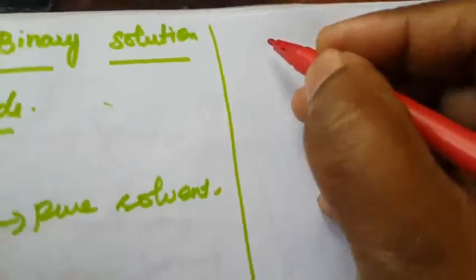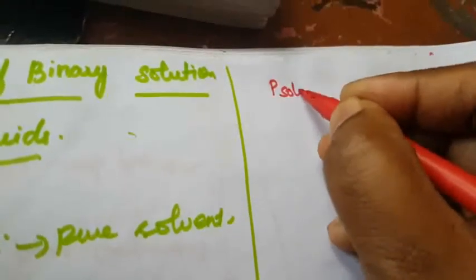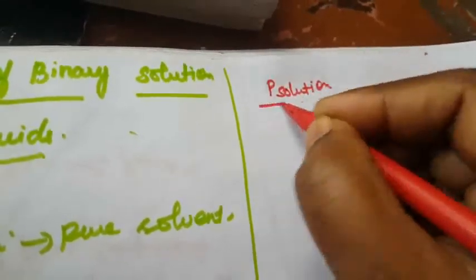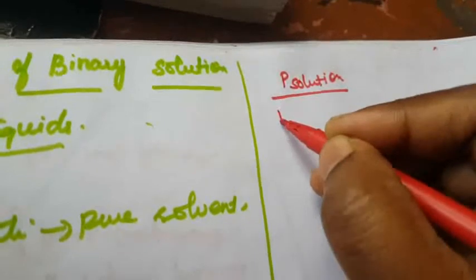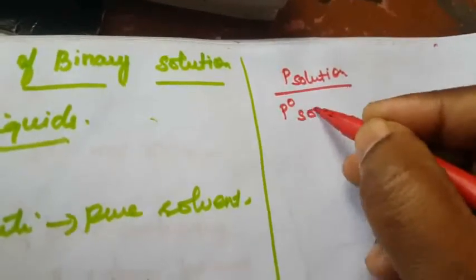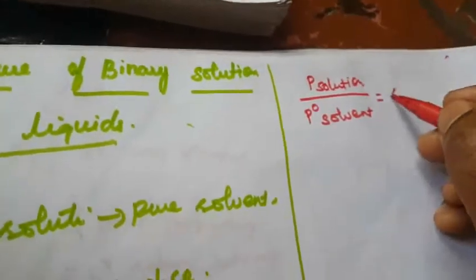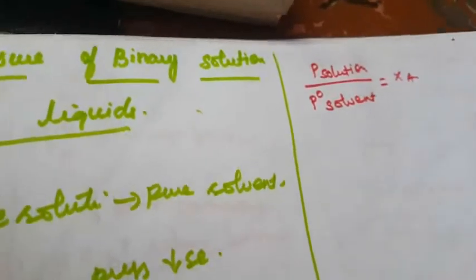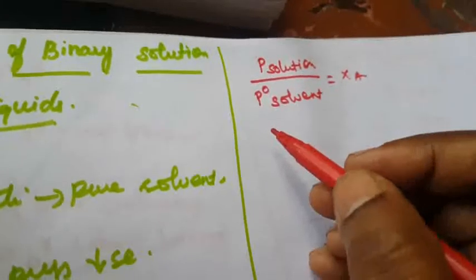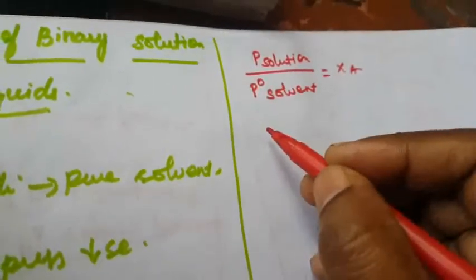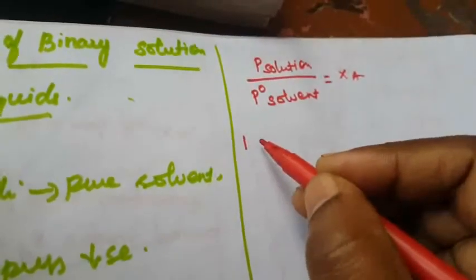P solution divided by P0 solvent is equal to XA. Now we are subtracting both sides from 1.